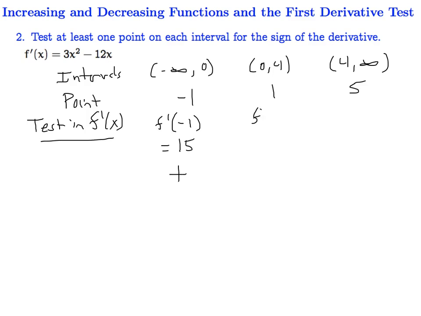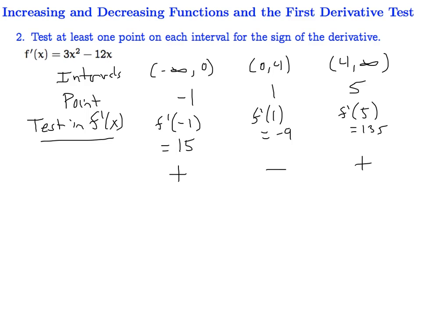I test 1 in my derivative. I run through my arithmetic, and if I do everything correctly, I end up with a negative 9, overall a negative number. And finally, I test 5 in my interval. I run through my arithmetic, and if everything went well, I'm going to get 135, but overall a positive number.